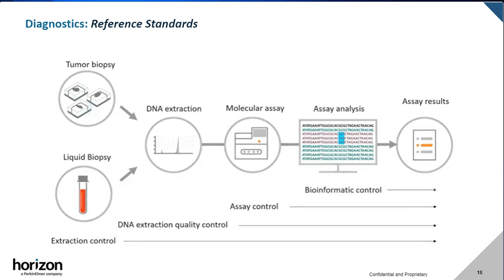So whether you're starting with tumor biopsy or liquid biopsy or any intermediate stages, we have a reference standard that can help you test and validate your molecular assay, whether it's for routine performance monitoring or novel assay development.